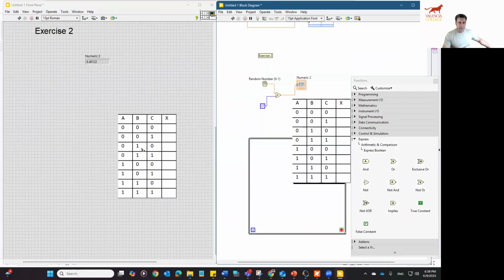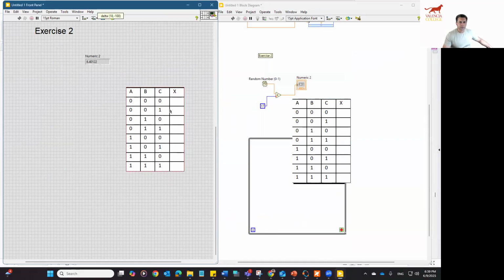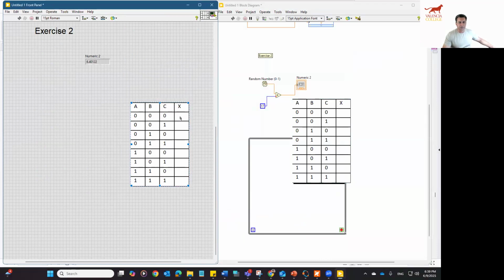You can fill it out in the tutorial, then cut it and put it in your front panel so that I can see that these are your results. I can always, of course, flip the switches and look at the LED, but I want you to fill out the truth table as well and then put it over here.